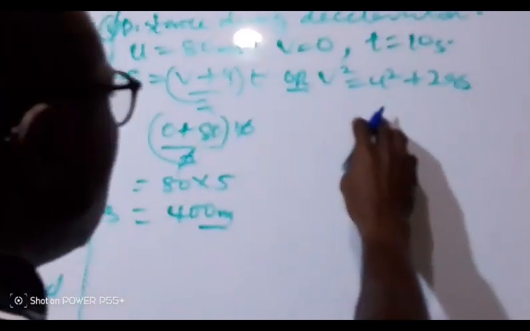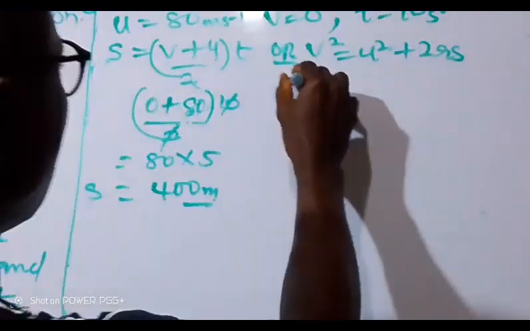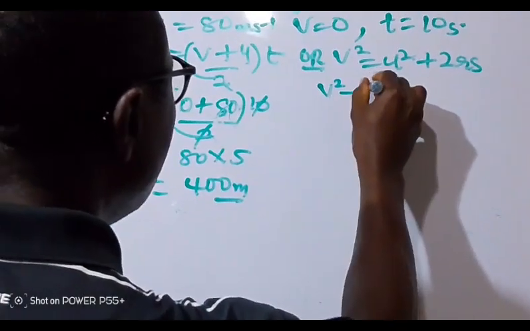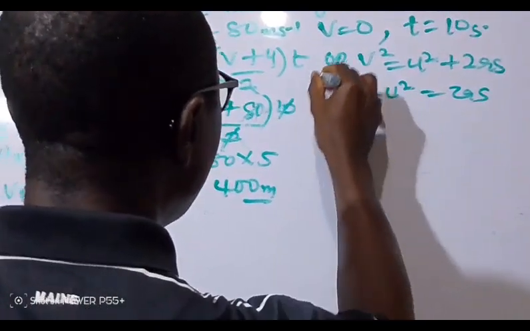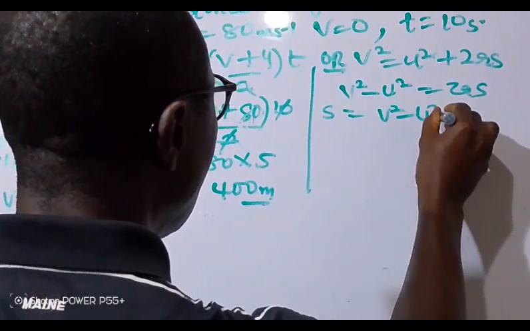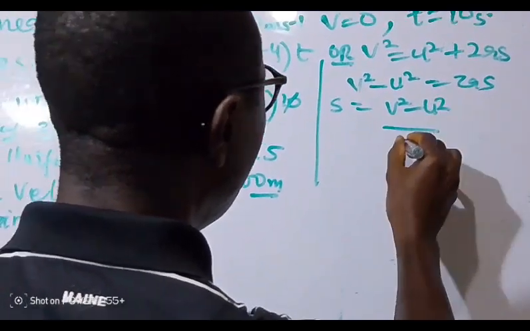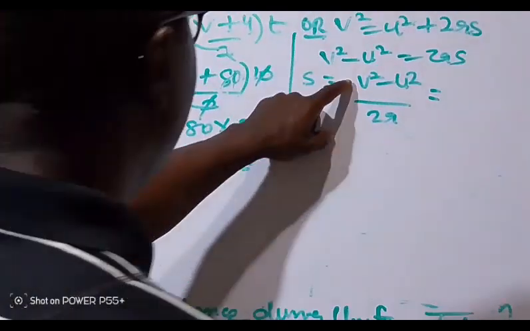Make S the subject of the formula. That will be V square minus U square is equal to 2AS. S now is equal to V square minus U square over 2A. Mind you, our V is equal to 0.